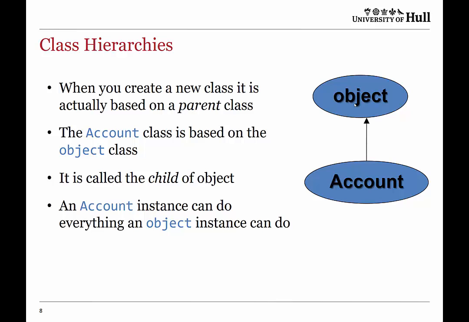That means that account is automatically a child of object. The idea is that if I'm a child of a parent class, I pick up all the behaviors that the parent has for free.